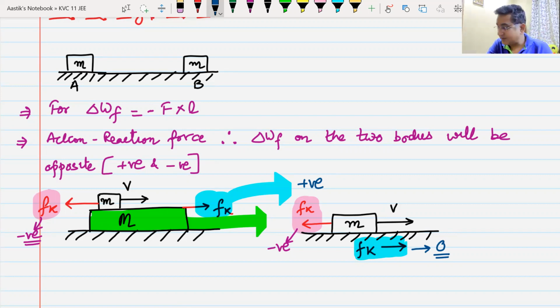Okay, now since we have done work done by friction, let me take the other forces as well and let us try to understand the work done by various forces.